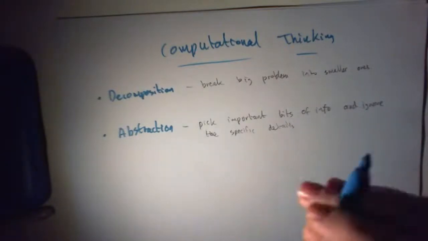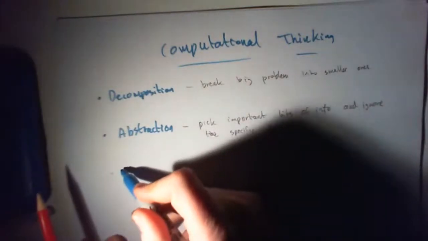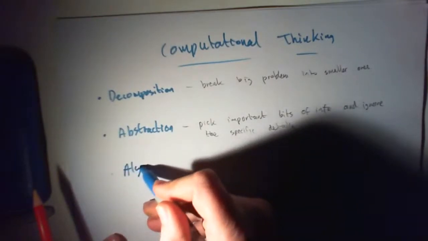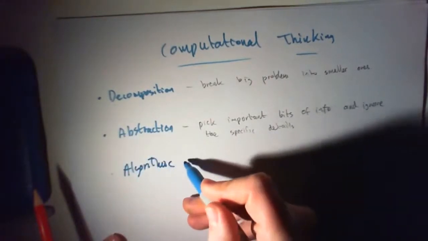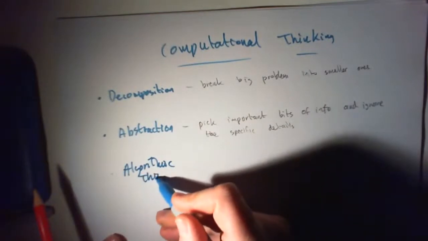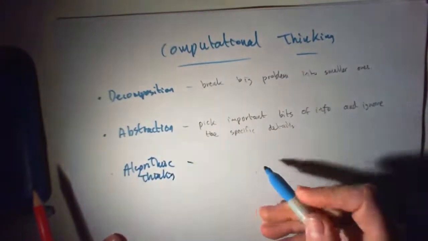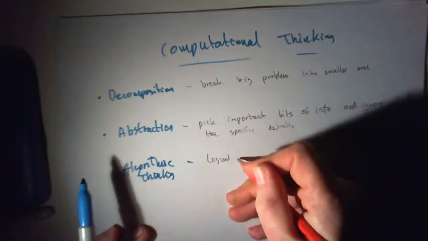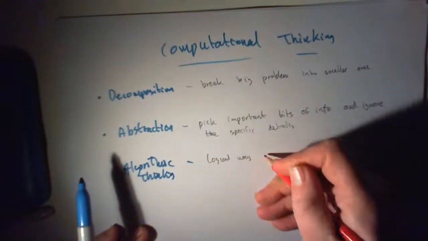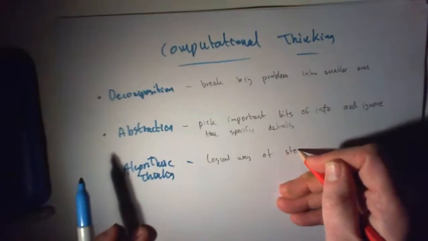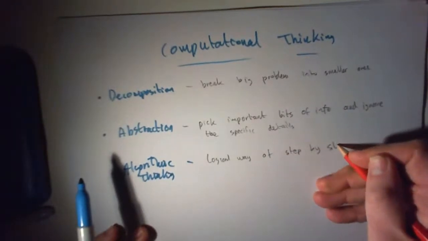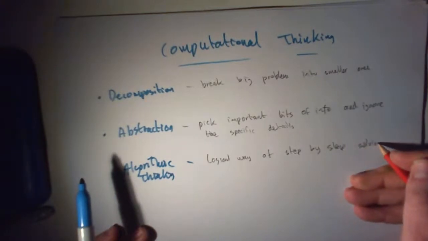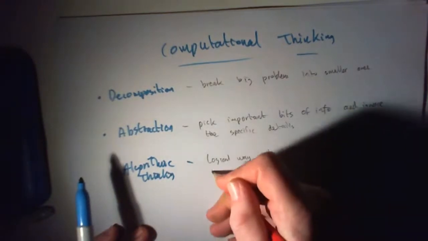And then the third leg of this stool is algorithmic thinking. Basically what we're looking at is the logical, step-by-step way of solving the problem.